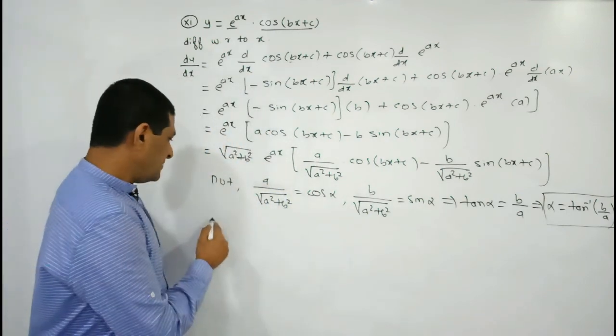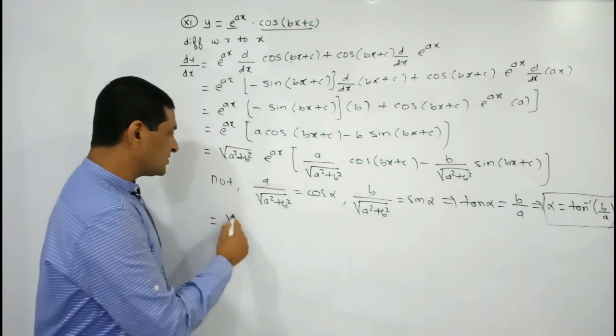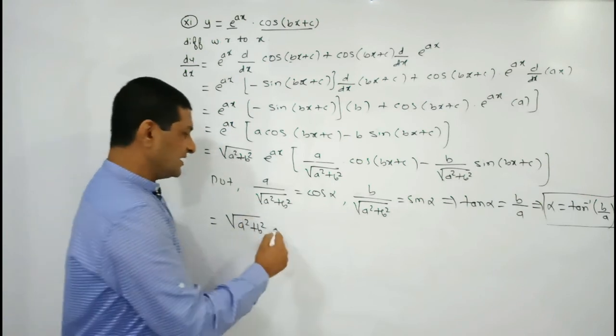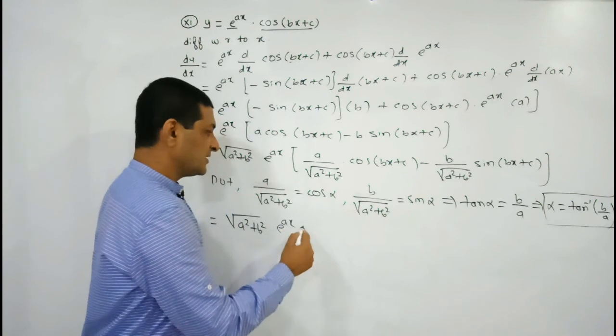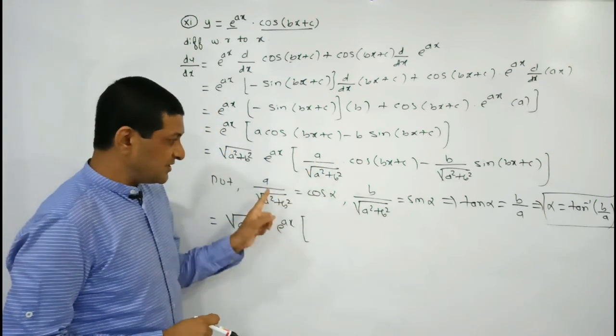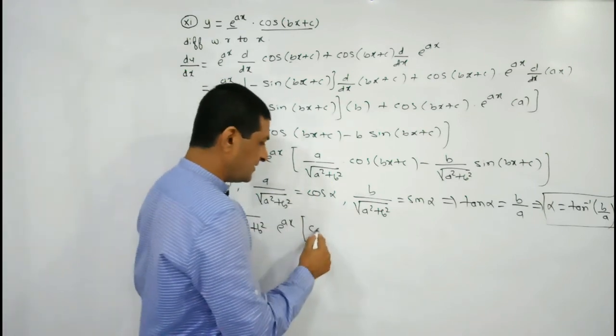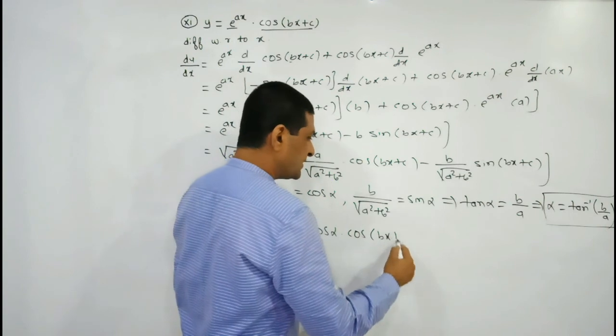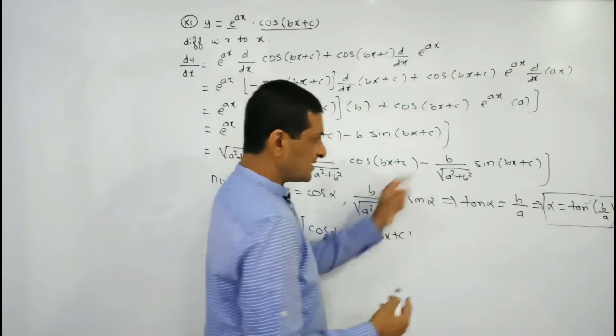Well, so if we are substituting all these values, see what result we will get here. So e raised to power ax, keep it as it is. Again this term, as we have decided, we are replacing it by cos alpha into cos bx plus c, keep it as it is, minus also as it is.